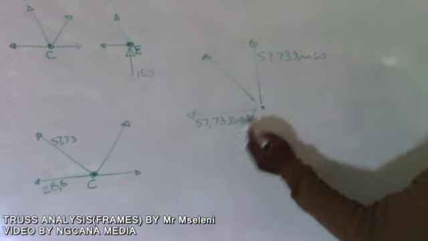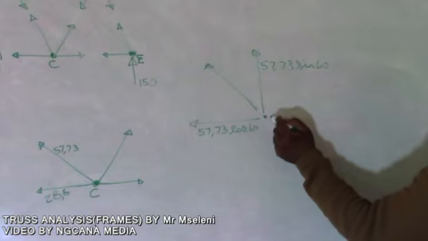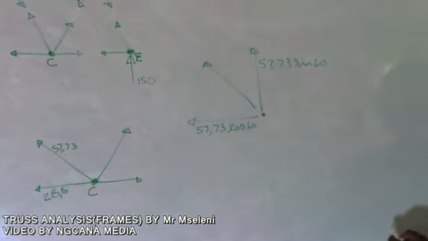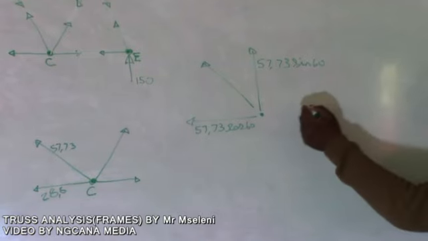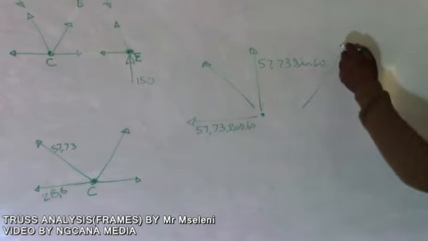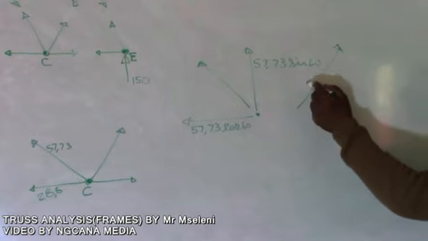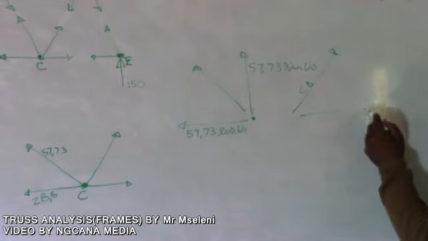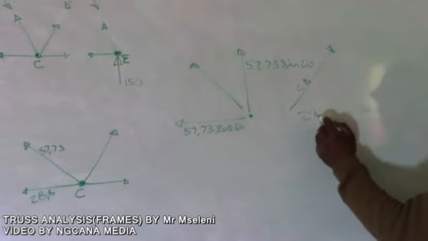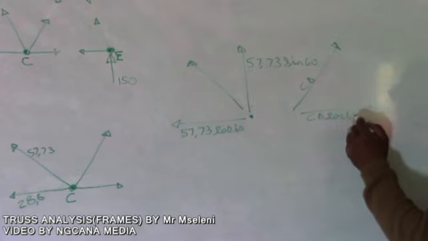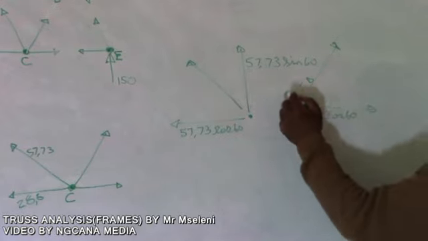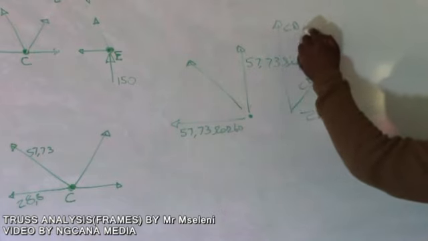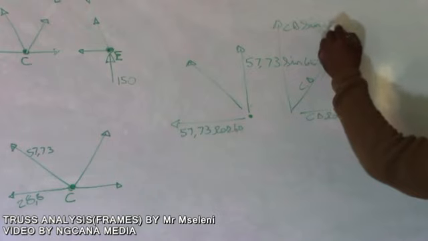And then you also have this member, which is CD. Our CD, we're also going to break it. If you check our CD, which comes from this way, it goes like that. This is the CD member, and you break it into its components, which are CD cos 60 and your Y component, CD sine 60 degrees.